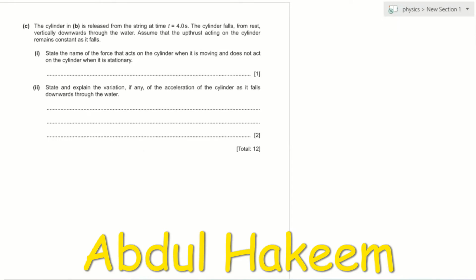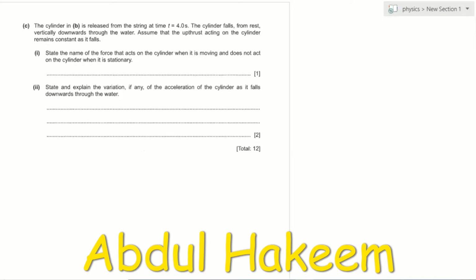And the C part is: the cylinder in B is released from the string at time 4 seconds. The cylinder falls from rest vertically downward in the water. Assume that the upthrust acting on the cylinder remains constant as it falls. State the name of the force that acts on the cylinder when it is moving and does not act on the cylinder when it is stationary.